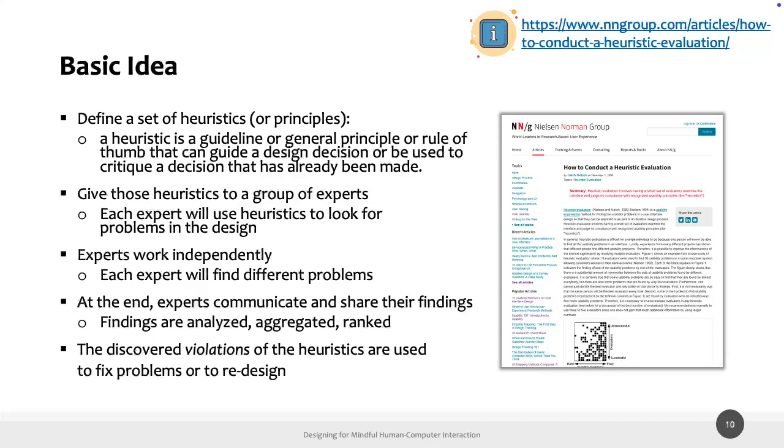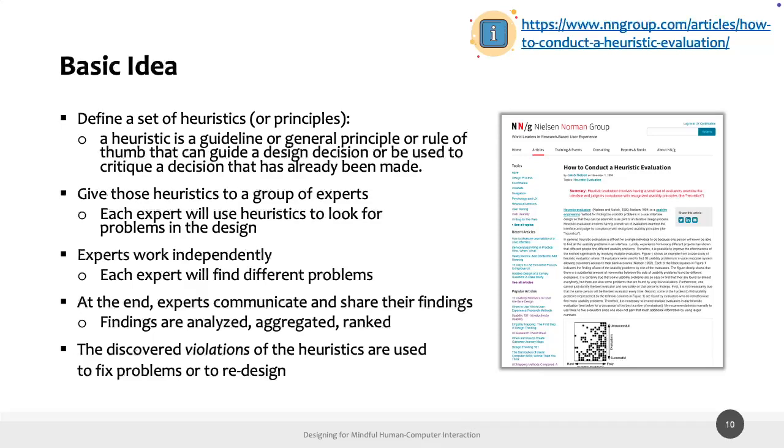So experts first work independently, so each expert will find different problems. And at the end, experts share their findings and try to reach an agreement. So findings are analyzed, aggregated, ranked, and then this results in a report for the design team that can use the report and the problems identified by the experts to improve the design.